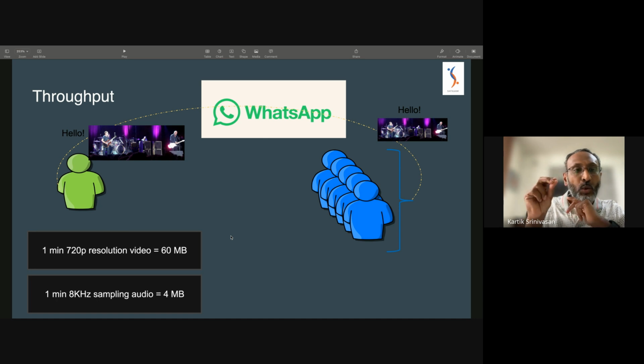So to be able to do this entire activity from a throughput standpoint, what do you think is happening over here? Can somebody define a measure of throughput for this particular interaction on WhatsApp?